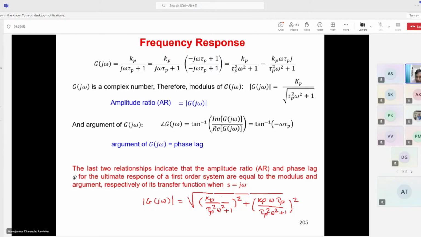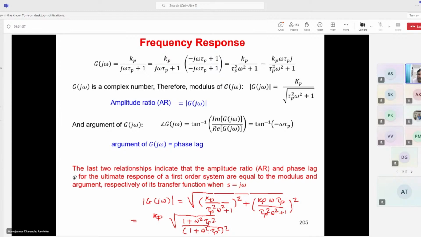Now this Kp square is here, and here also Kp square is there. So that Kp I can take out. Now what is the remaining term? 1 is here, isn't it? So 1 plus omega square tau p square, isn't it? So what am I going to have? 1 plus omega square tau p square, divided by 1 plus omega square tau p square, whole square, correct?